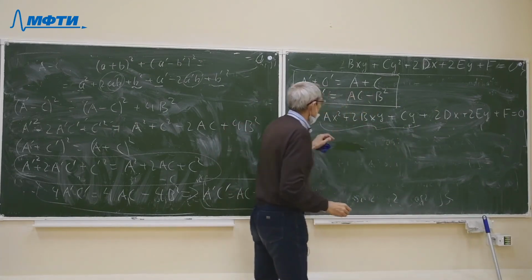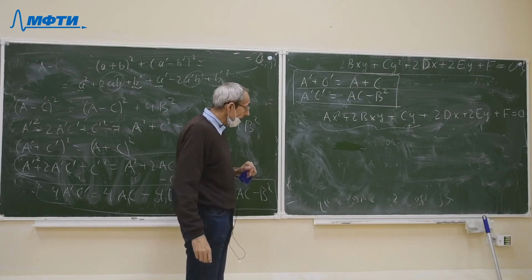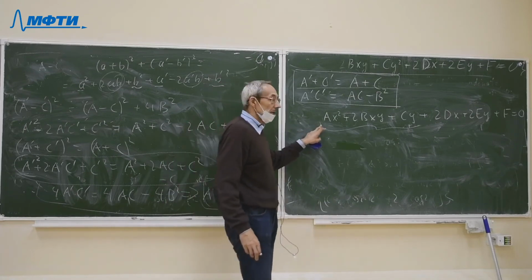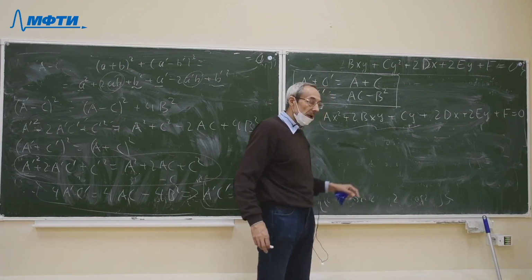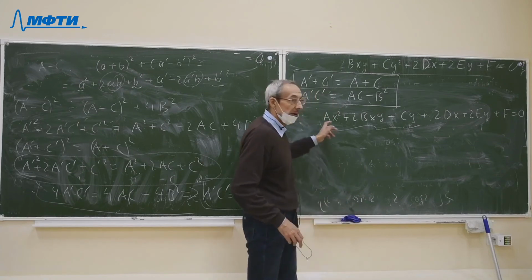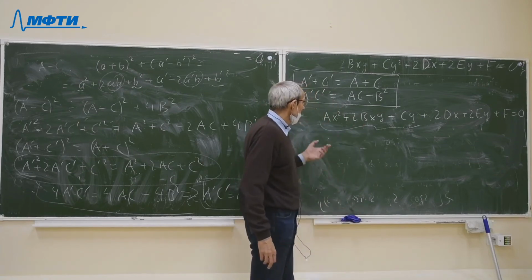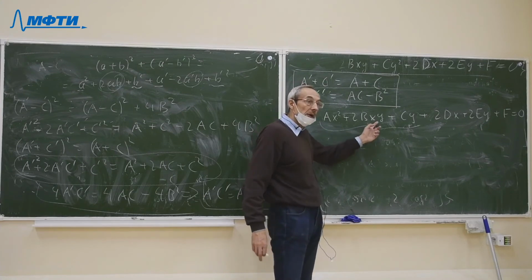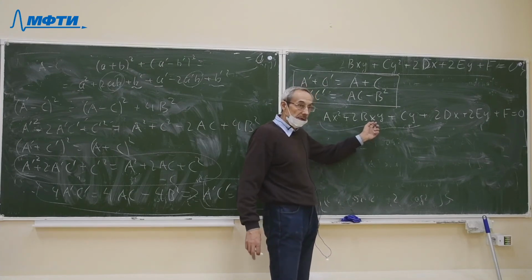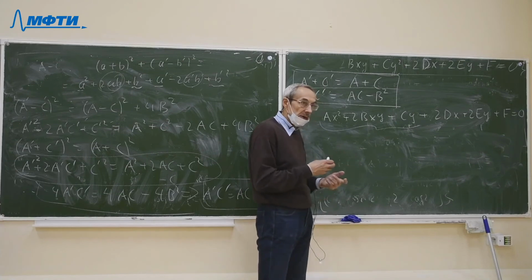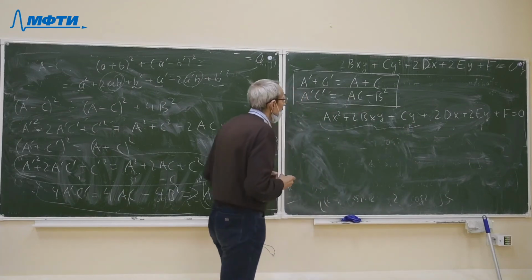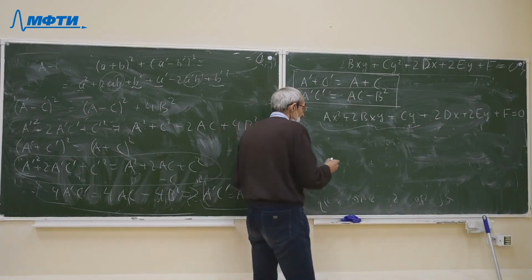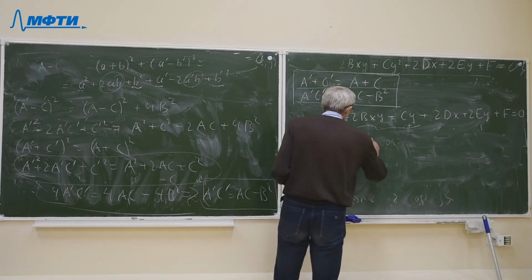Let's consider the terms of the second degree. We have 3 terms of the second degree, and our aim is to simplify this part of the equation of our curve using the rotation. We can rewrite this equality using matrix notation. Let's introduce the following matrix: A, B, B, C.